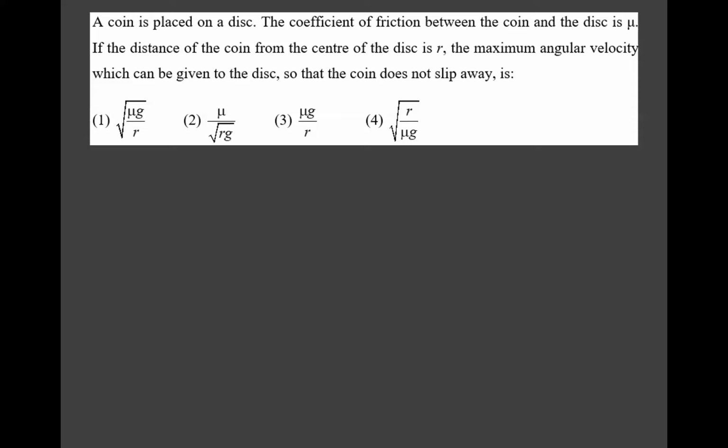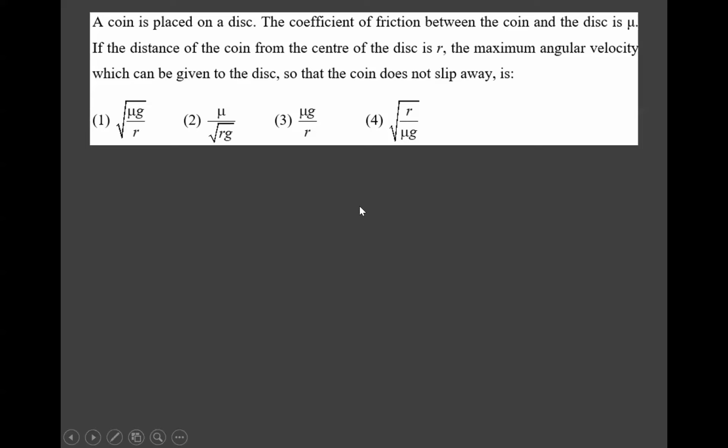For the motion of the coin, the required centripetal force should be less than or equal to the maximum frictional force. If your required centripetal force is more than the maximum frictional force, then it will not stay on the disc.